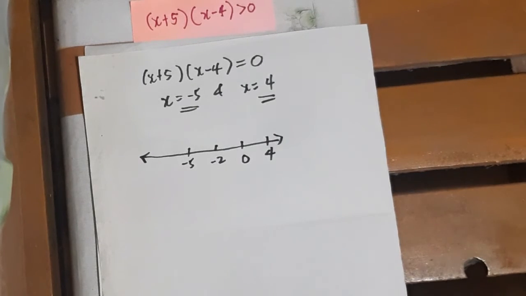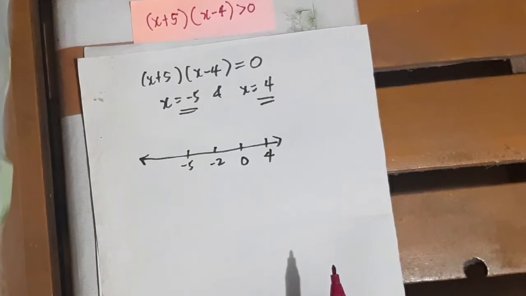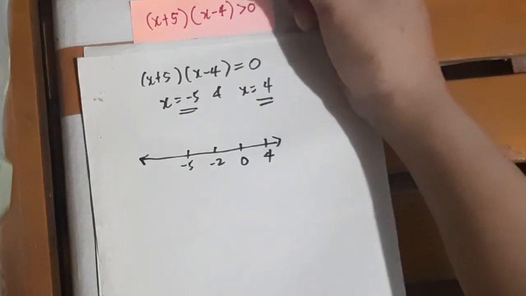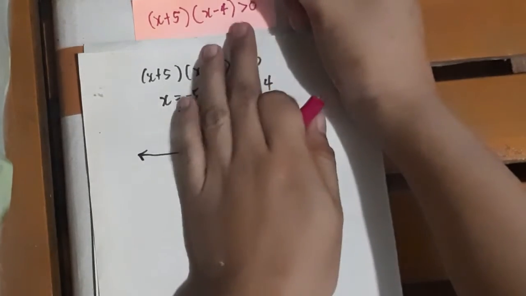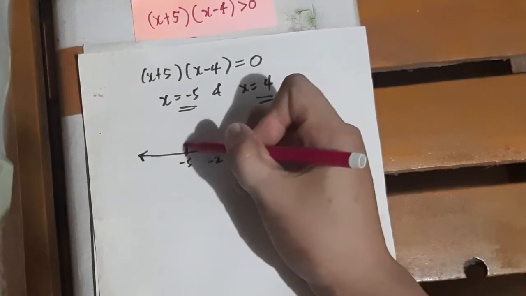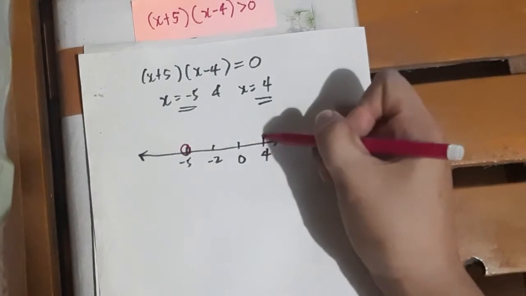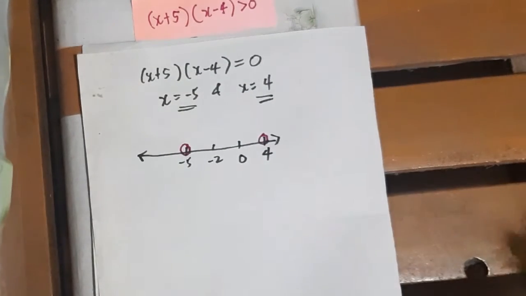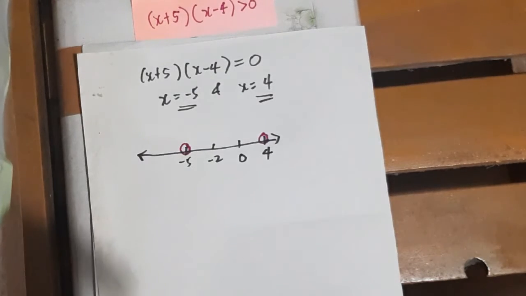So we have the boundaries here, negative 5 and 4. Should we draw a solid circle or a hollow circle? Take note, the original inequality is this one. So meaning to say, we will be drawing, very good, a hollow circle. Now, right after determining the boundary, we know already that the regions of our inequality are the following.